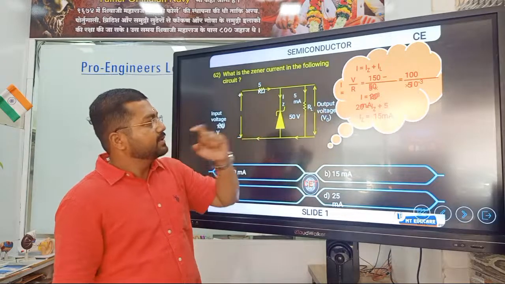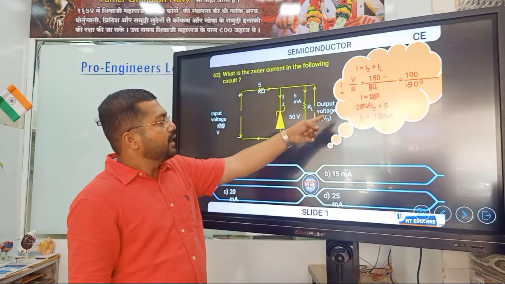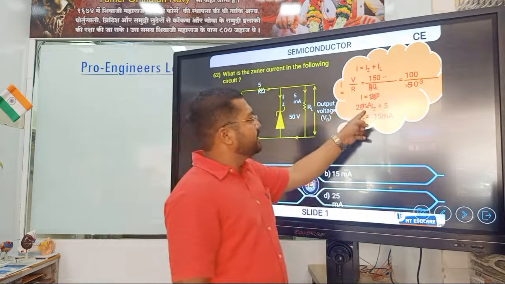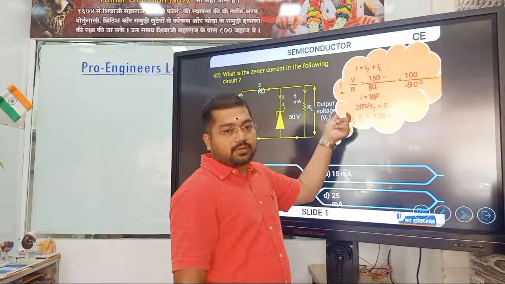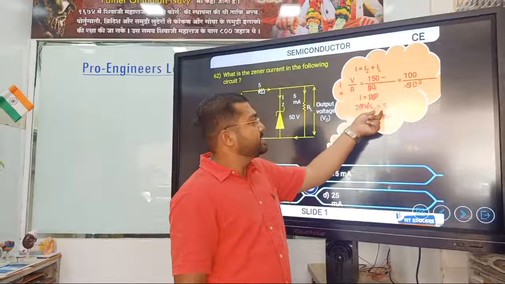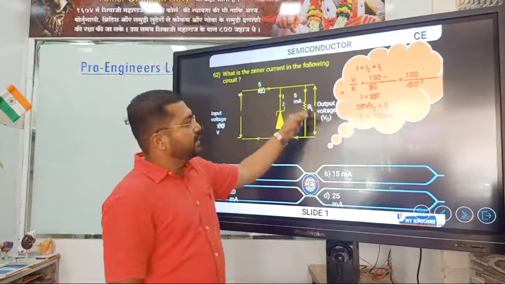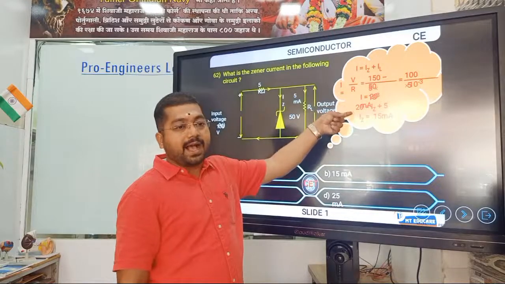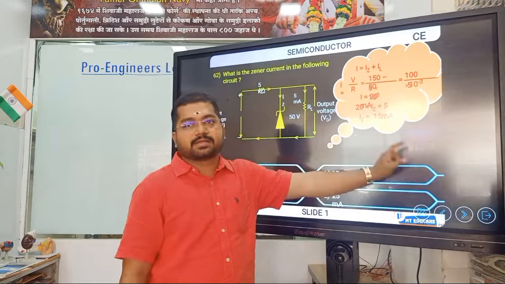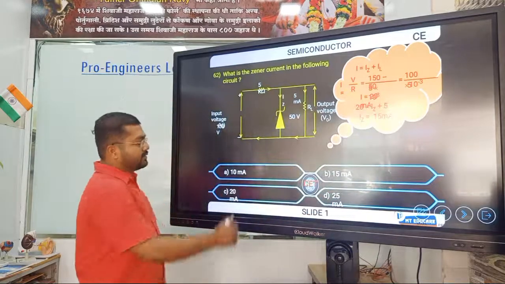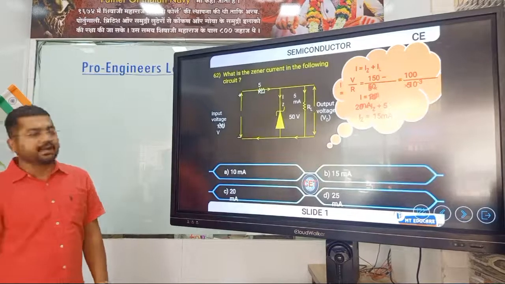So I is 20 milliampere, and 20 is equal to Iz plus 5. 20 is our input I, equal to Iz plus IL, right? IL is 5 milliampere and I is 20. So 20 will go on that side. 20 minus 5 is 15. So correct answer must be 15 milliampere.